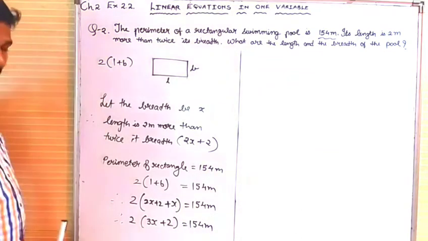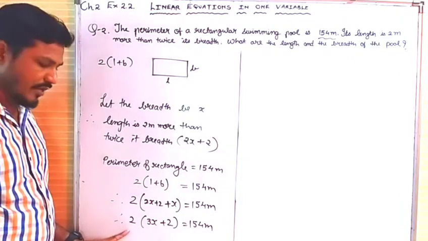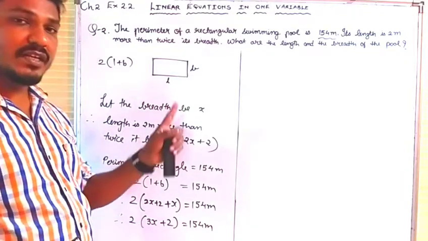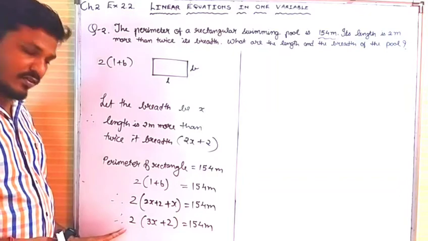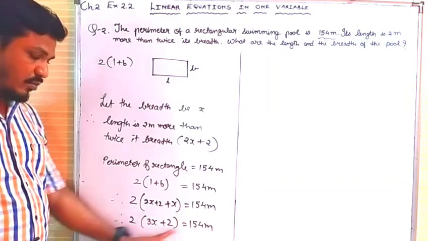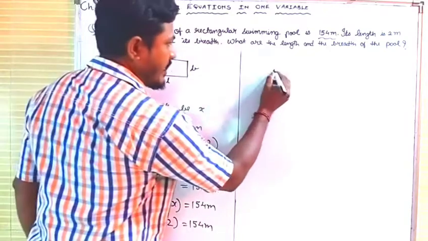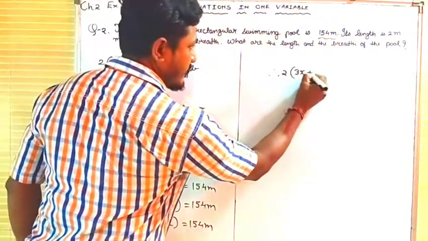Now dear student, I need to cancel this value, that is 2. How will you cancel? As we did in the previous sum, it was in division form, we had multiplied 2 on both the sides. Same here, it is in multiple form. So I will divide both the sides by 2 so that this value will get cancelled. Now write down as it is.